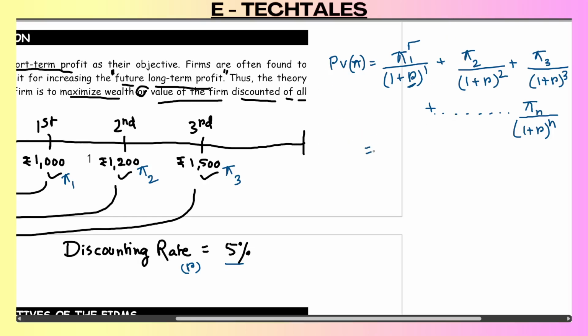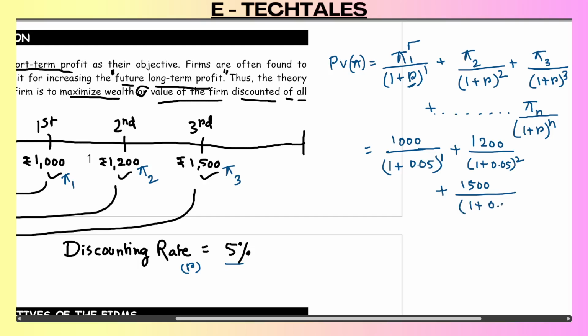And with this, we can determine the value. So the first is 1 by 1 plus 0.05 to the power 1, right? Add 1200 divided by 1 plus 0.05 to the power 2, plus 1500 divided by 1 plus 0.05 to the power 3.